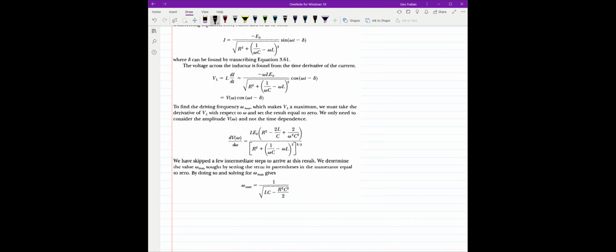And then if we know that omega naught is equal to 1 over square root LC, the resonance frequency, omega R, is equal to the square root of 1 over LC minus R squared over 2L squared. In other words, we just change C for L. And that's what we get.